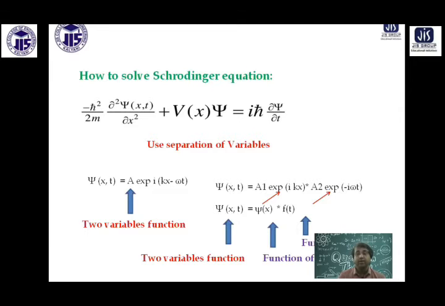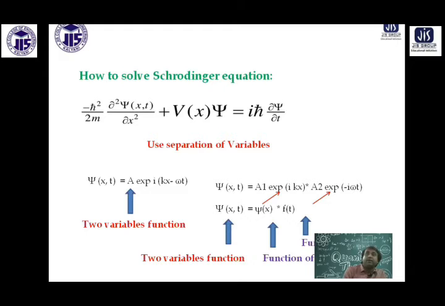I had a two variable function psi(x,t), depending on x and t. Now we have done what is called separation of variables, which tells us a function like this you can write as a product of smaller functions, just like psi(x,t) is a product of two functions, psi(x) and f(t).